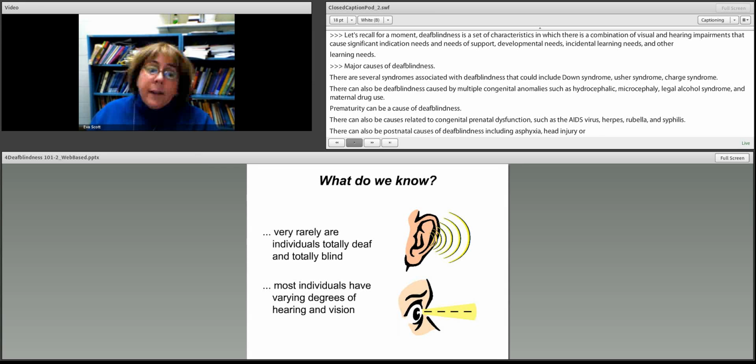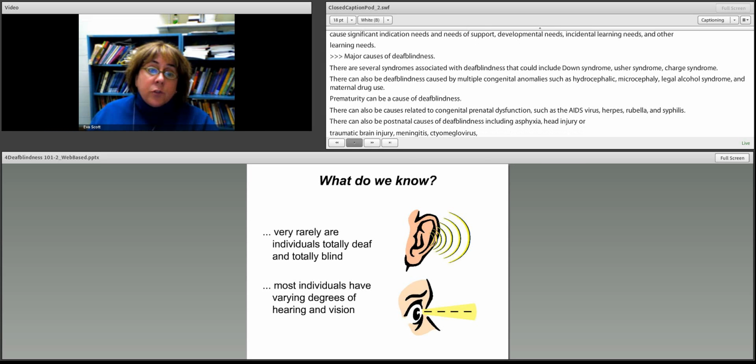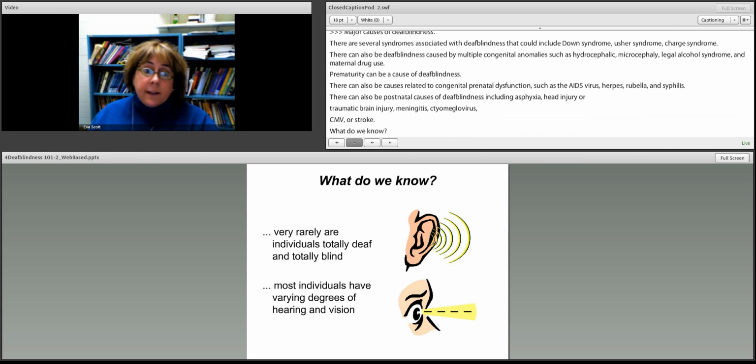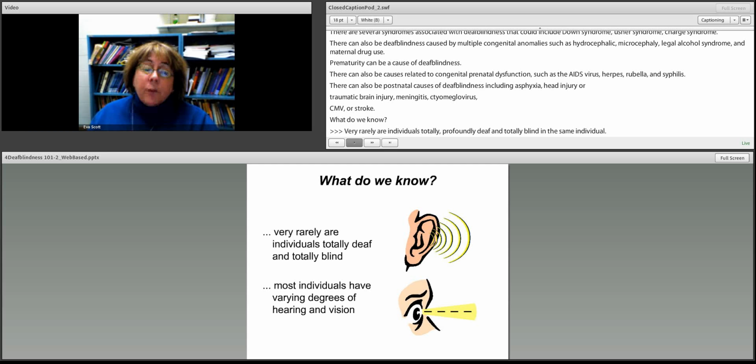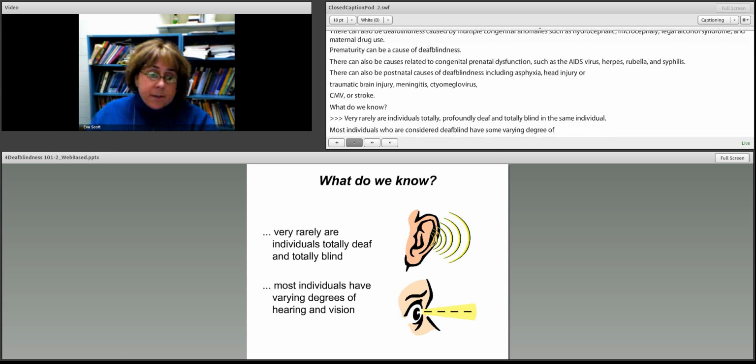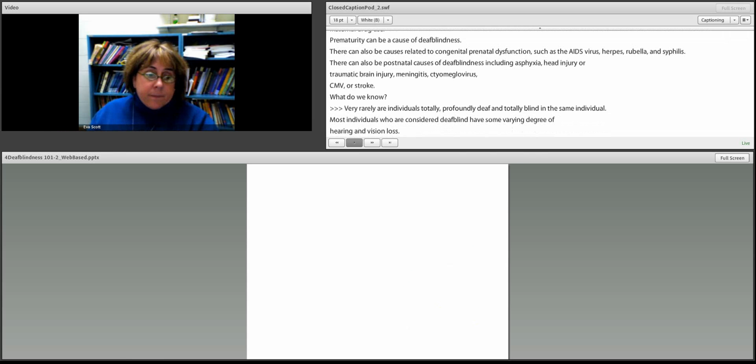What do we know? Very rarely are individuals totally or profoundly deaf and totally blind in the same individual. Most individuals who are considered deaf-blind have some varying degree of hearing and vision loss. They may have more hearing than vision, or more vision than hearing. It varies.